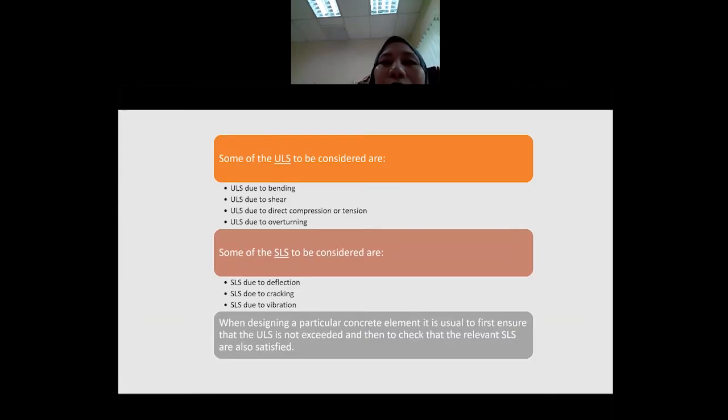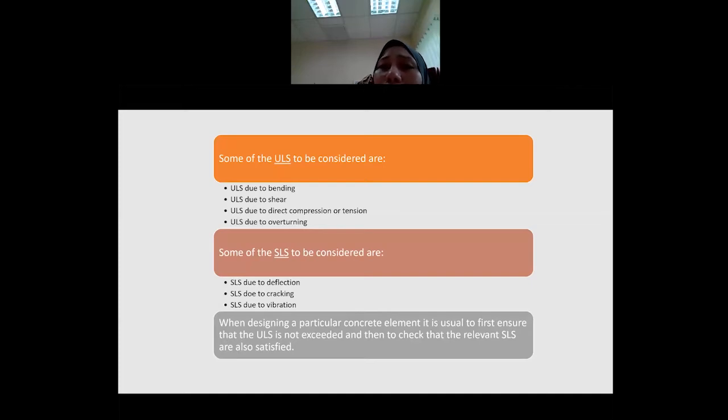Some of the ULS to be considered are these four: ULS due to bending, ULS due to shear, ULS due to direct compression or tension, and ULS due to overturning.